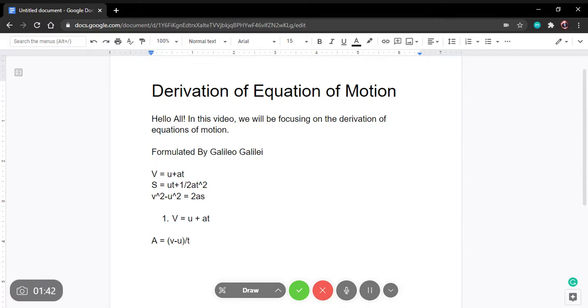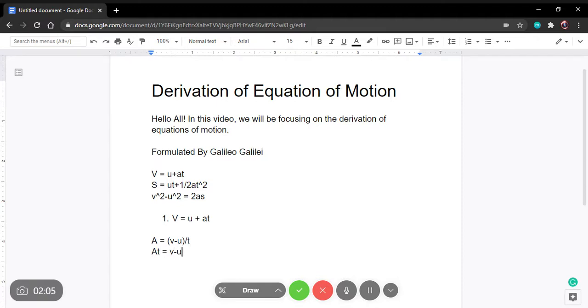Whenever in physics the word rate comes, it means we need to divide by time. For example, rate of work is power. Work by time is equal to power, like that. So from this, when we rearrange, we get v is equal to u plus at. So a into t is equal to v minus u.